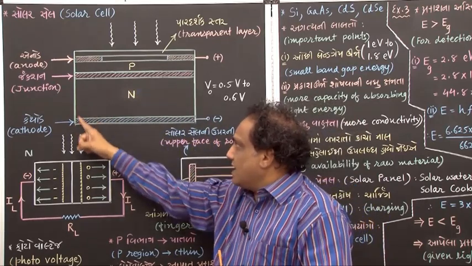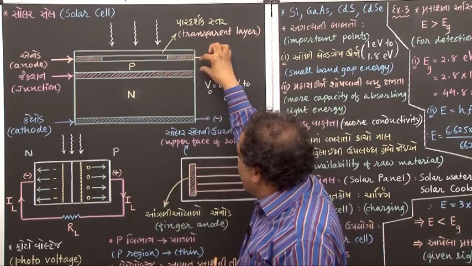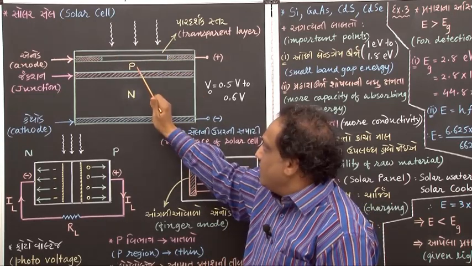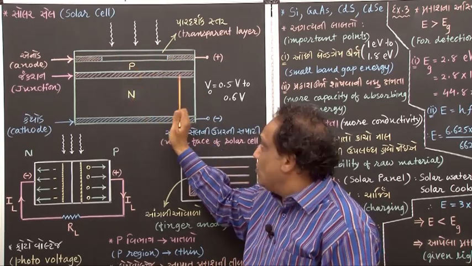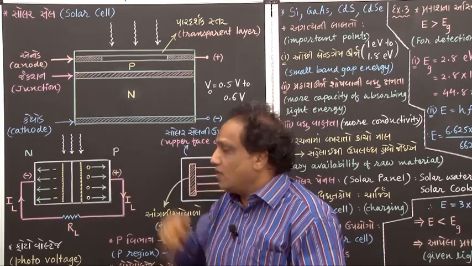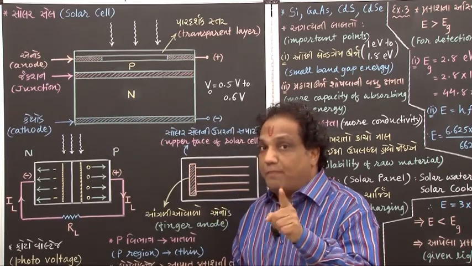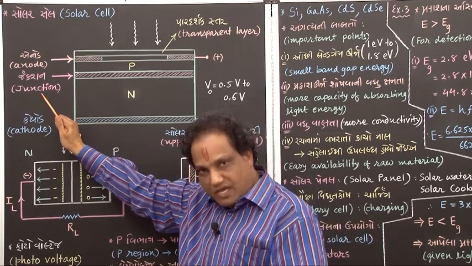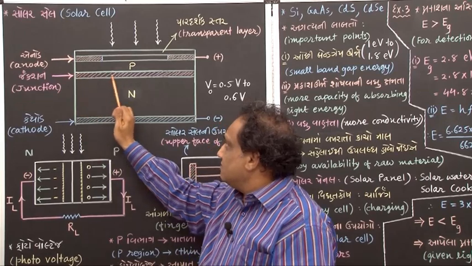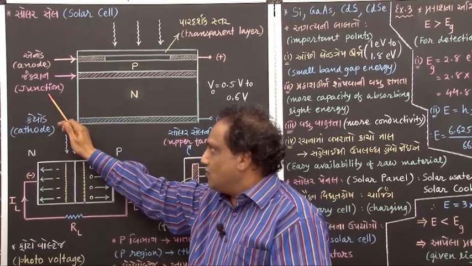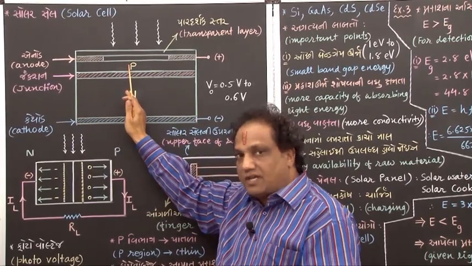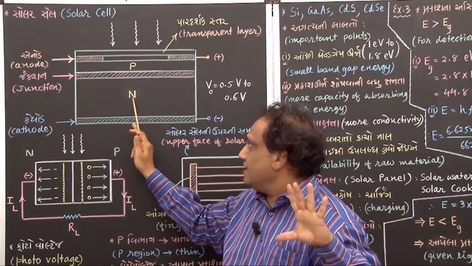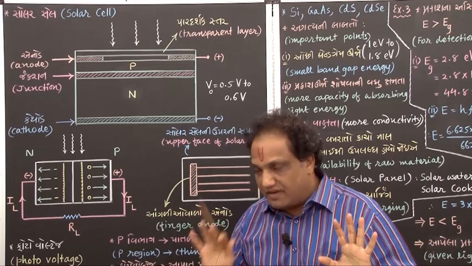Between these two semiconductors we have an extremely narrow region called the depletion layer, which is around the junction. Just take this region as the junction for now. This is the thin P-type layer, and this thick layer is the N-type semiconductor.